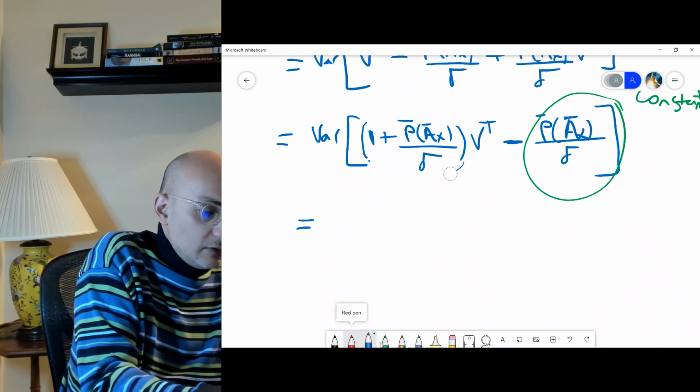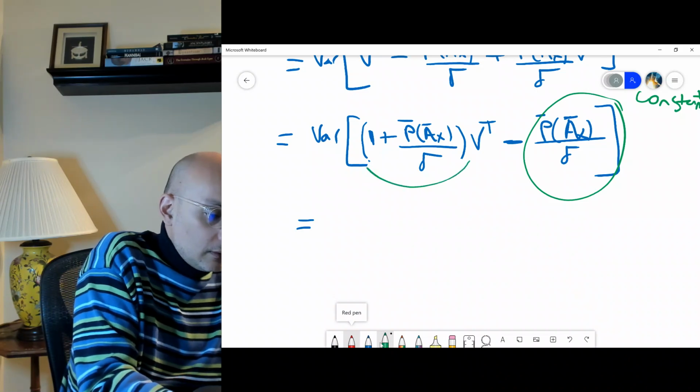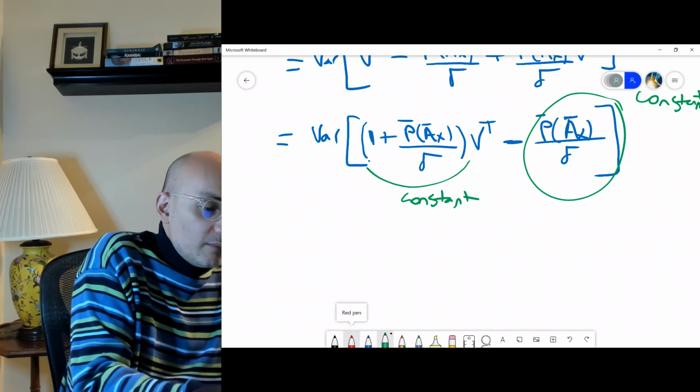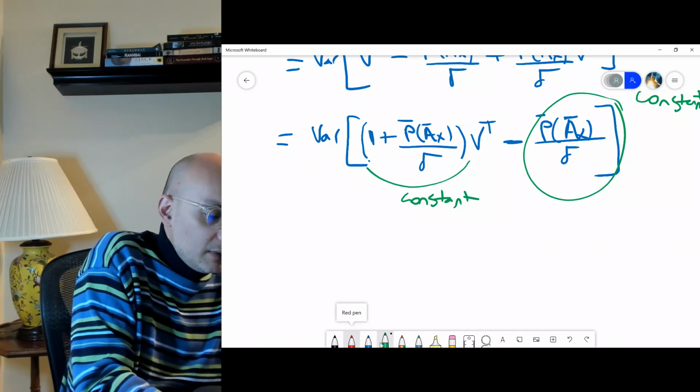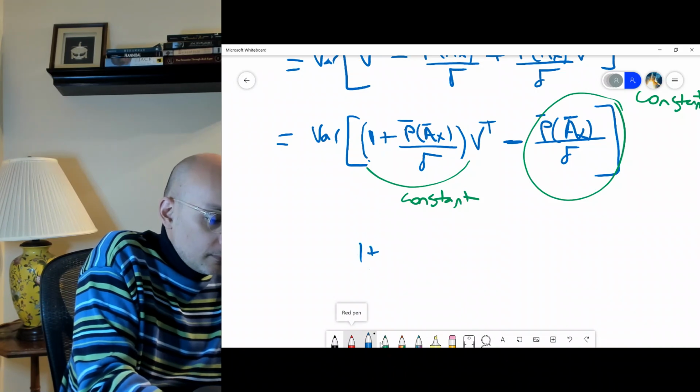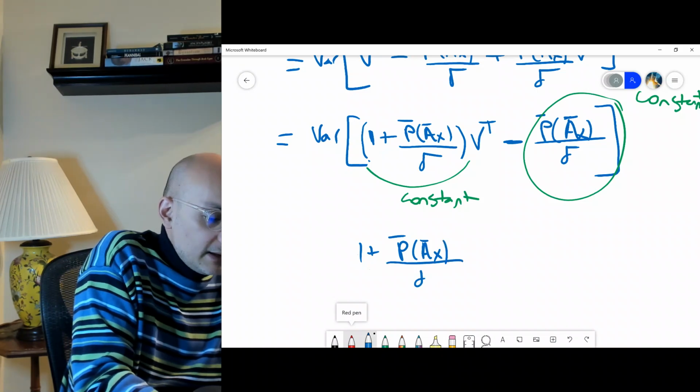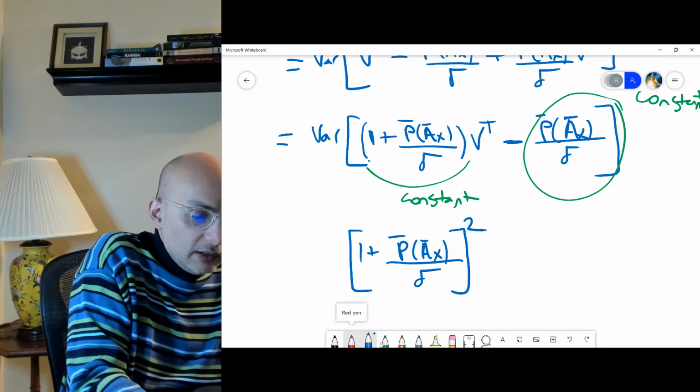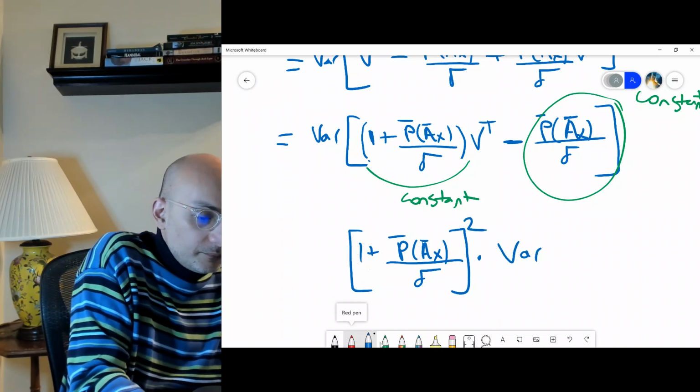So constant multiplied by Vt, we take it out, it becomes 1 plus the premium of x divided by delta. Now everything will be raised to 2 because we took the constant out, multiplied by variance of Vt.